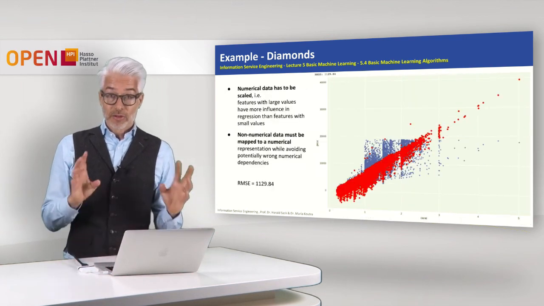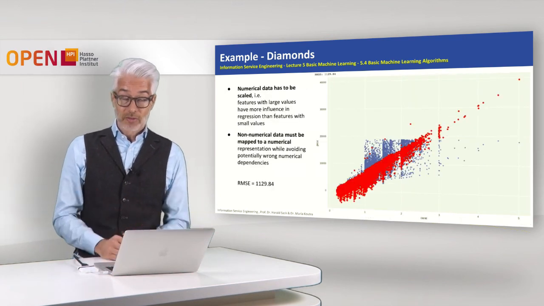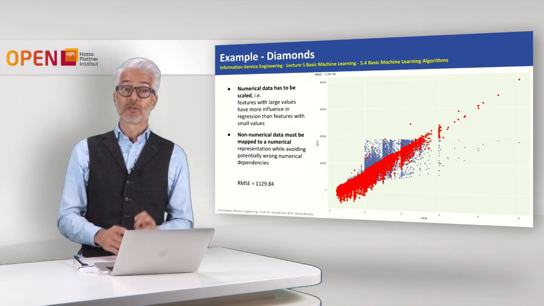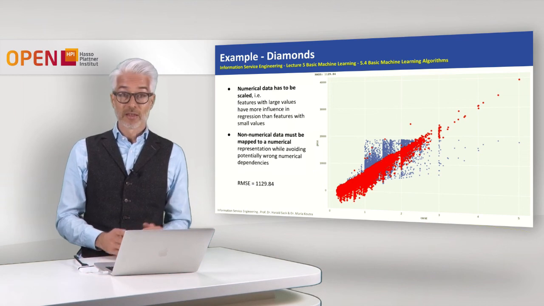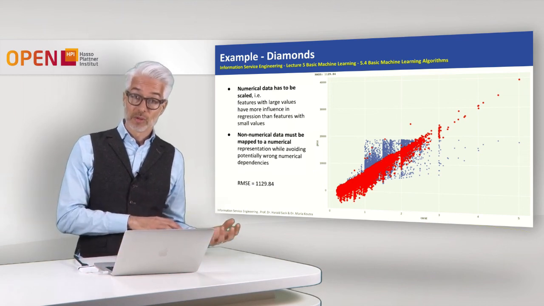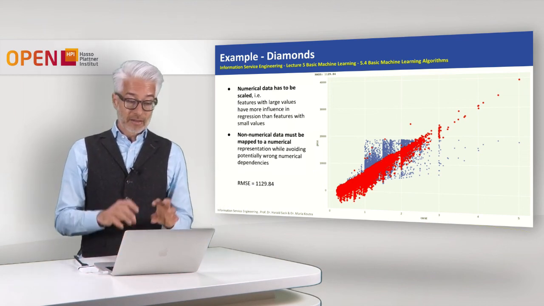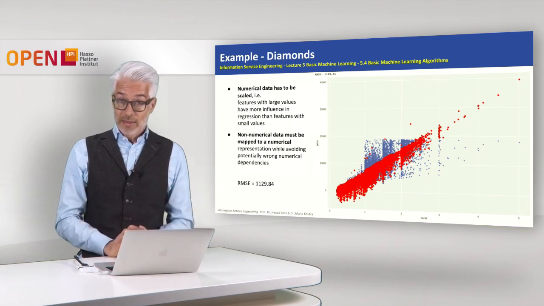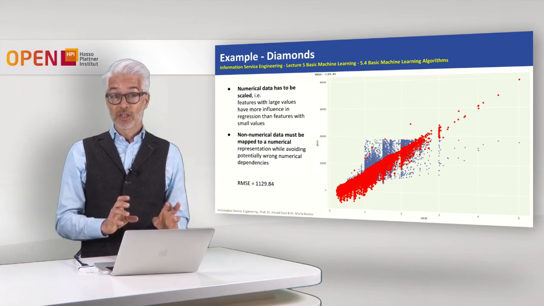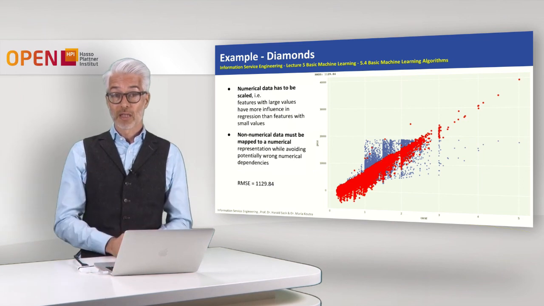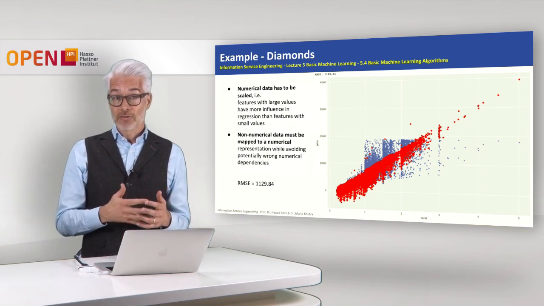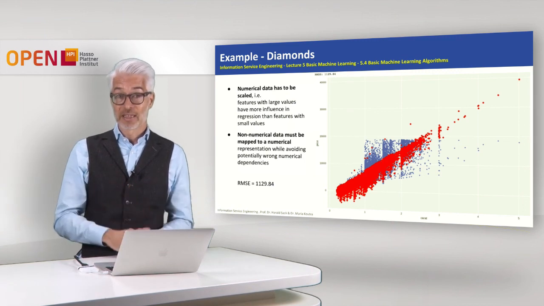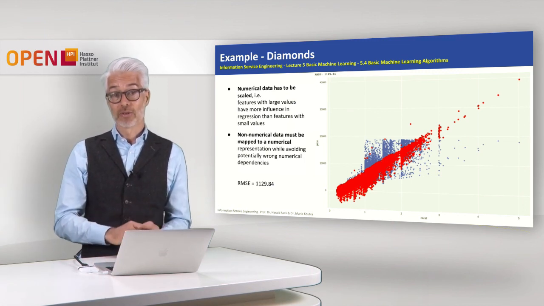In the end, if you want to do it perfectly based on linear regression, you have to take into account, of course, all of the features you have. And there, non-numerical data has to be mapped to numerical data. Also, if you look at your numerical data, sometimes you might have features which have huge numbers, sometimes features which have small numbers. And in linear regression, the size of those numbers influences the regression task heavily.